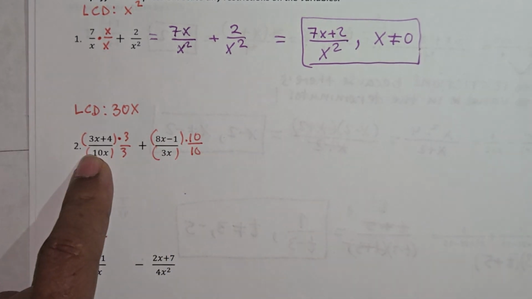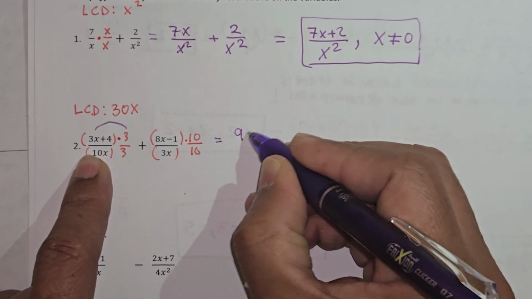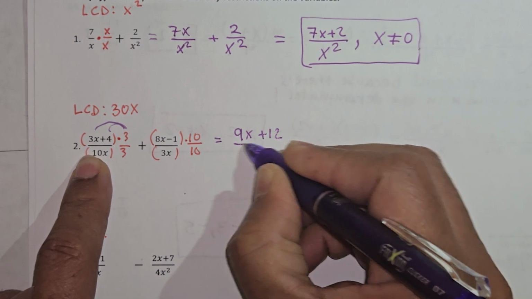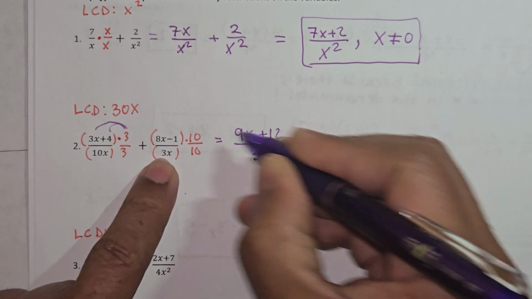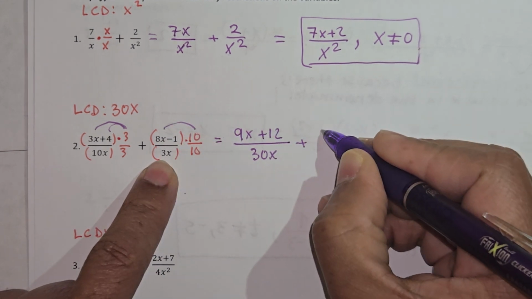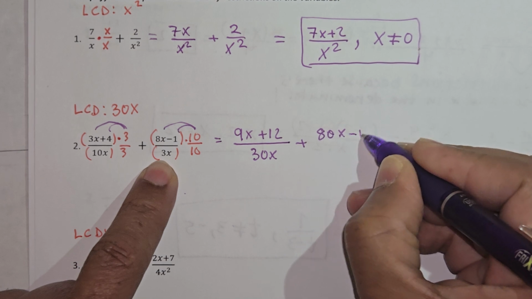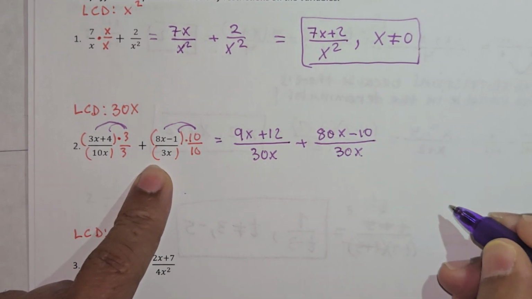Then distributing, 3 times 3x is 9x, 3 times 4 is 12, over now 30x, plus 10 times 8x is 80x, and 10 times negative 1 is minus 10, over 30x.